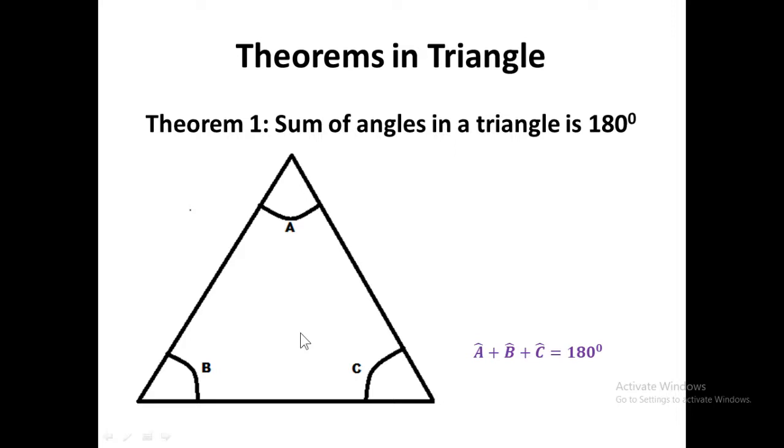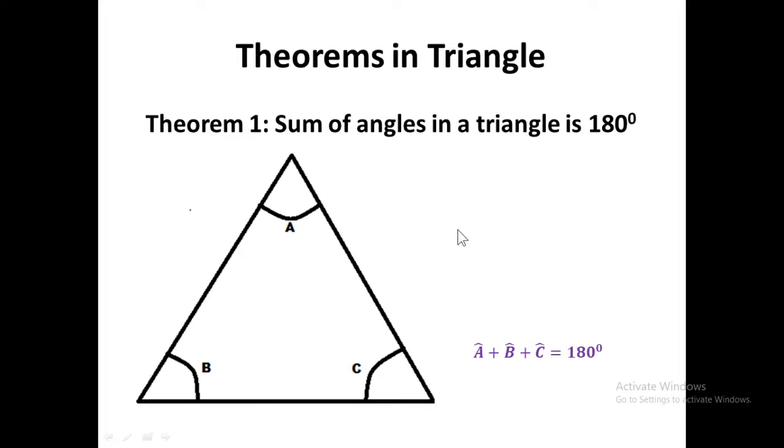So it means that when I have two angles given to me, let's say I'm giving angle A as 60 degrees and angle C as, let's say, 40 degrees, that means I can find angle B. This third angle, I can find it using this theorem. The addition of the three of them must give me 180 degrees.